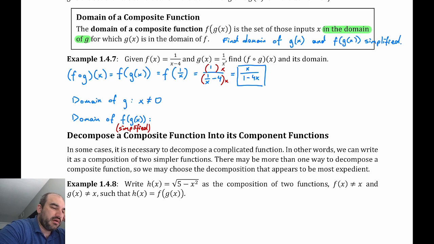Where are you getting that? You said x can't equal 1 over x? Why is that? Because wouldn't it make the bottom of the function equal to 0. How did you get to this is my question. Because you're right. What you're saying is correct, but I don't know how to get there.